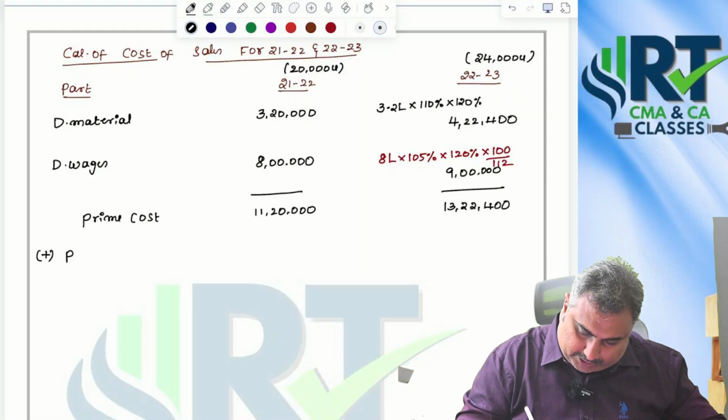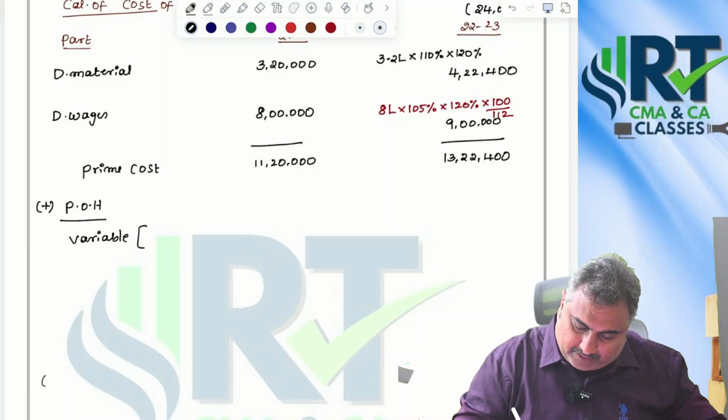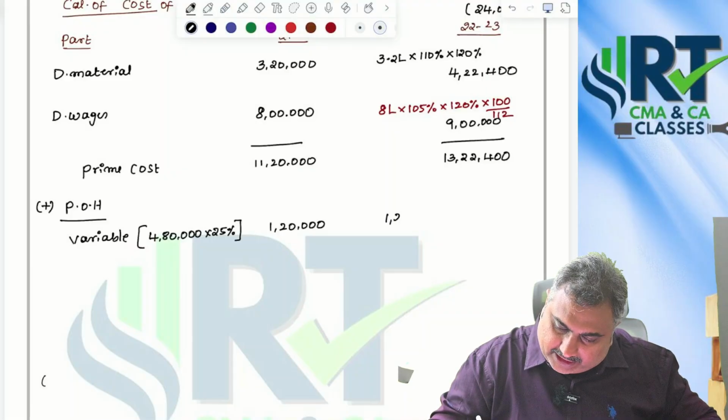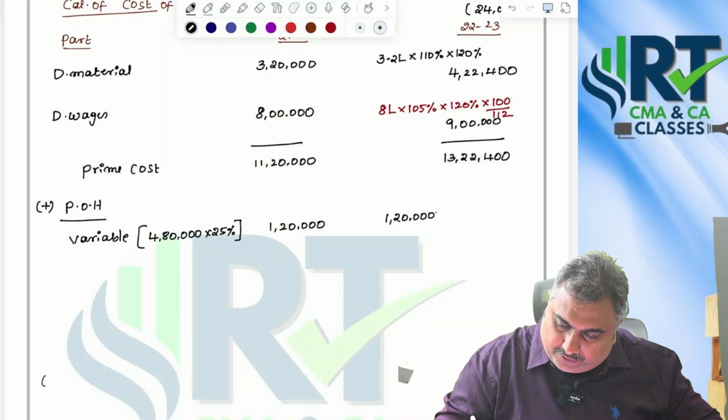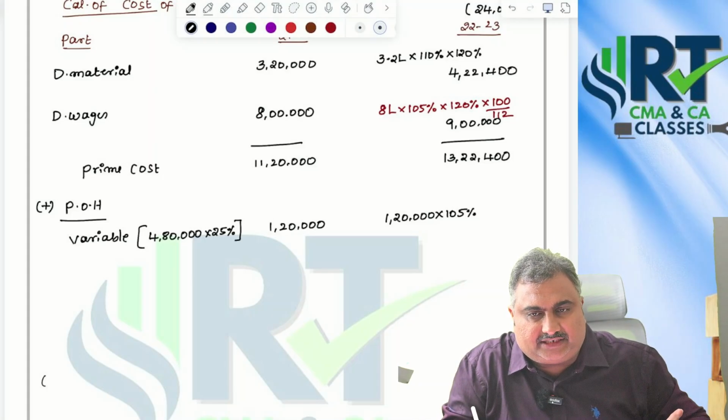Add production overheads. This is classified into two parts. First one, variable production overheads. See the calculation. 4,80,000 into 25% is equal to 1,20,000. And what about here? 1,20,000 into, if you check the question, all variable overheads increased by 5%.